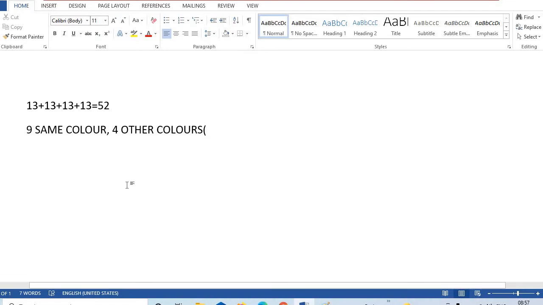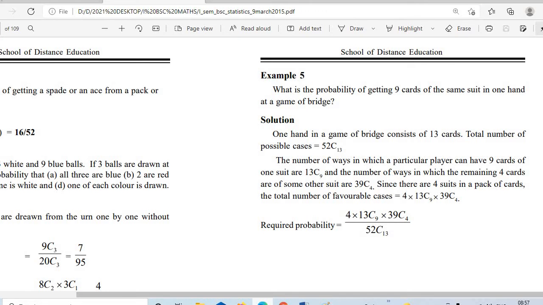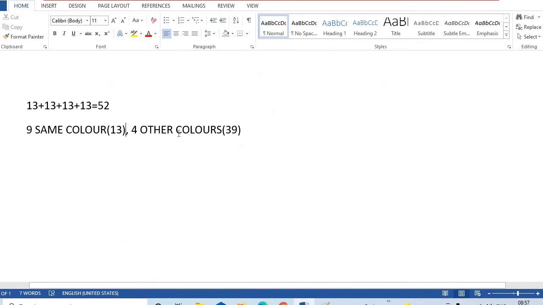That means 52 minus 13, that is 39. So out of 13 we have 9 cards, and out of 39 we have 4 cards.